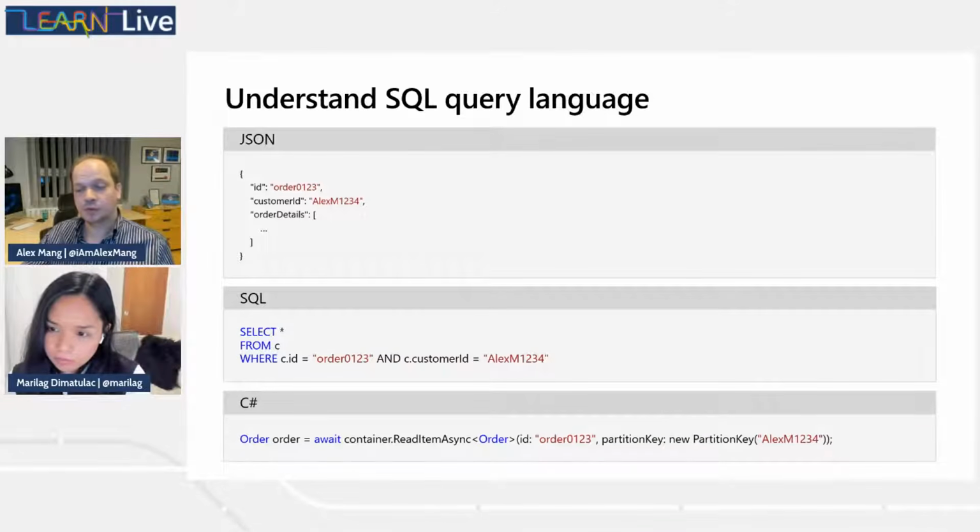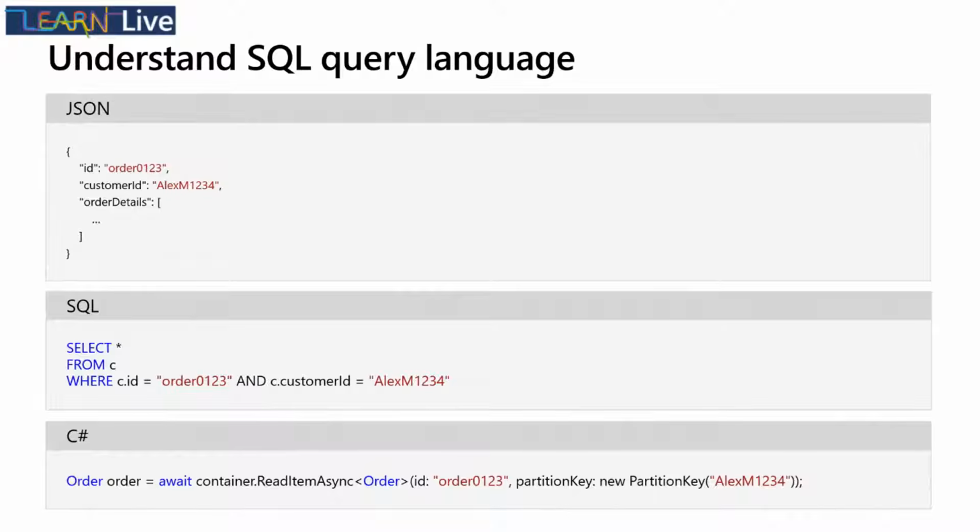So the partition key of an order would contain things such as the customer identifier. What you see here is an example item of the orders container, where the order, as one might tell, is just an object with an identifier, a customer identifier, and a bunch of order details which are within an array.